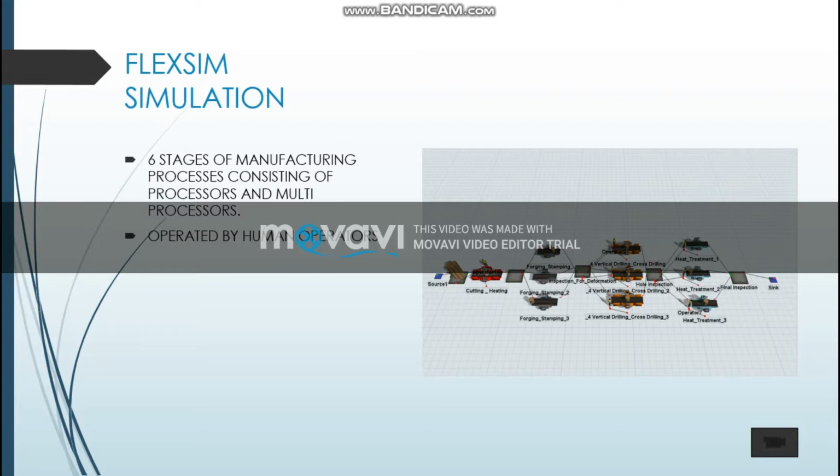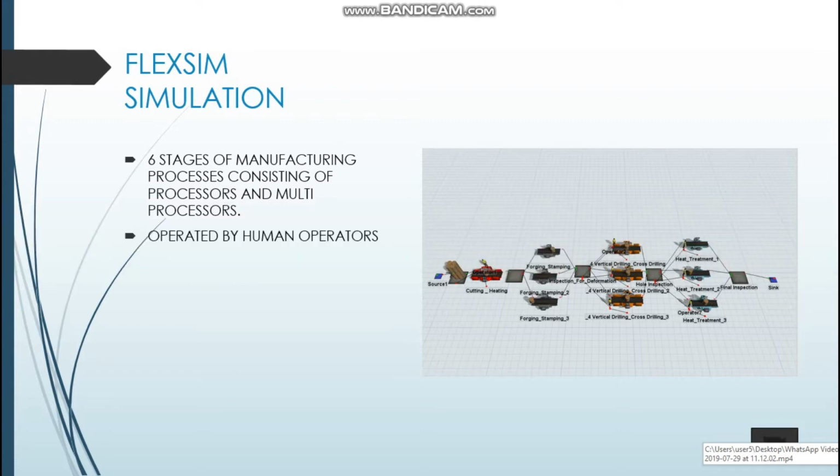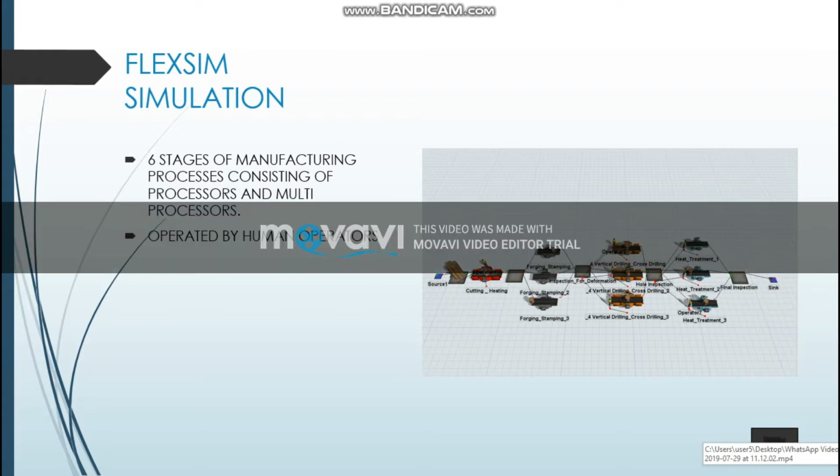When the product flows through the input, it goes through the heating and cutting multi-processor first, and after that forging and stamping occurs. After the forging and stamping process, inspection for deformation is done. After inspection, vertical drilling and also a cross drilling process is done.